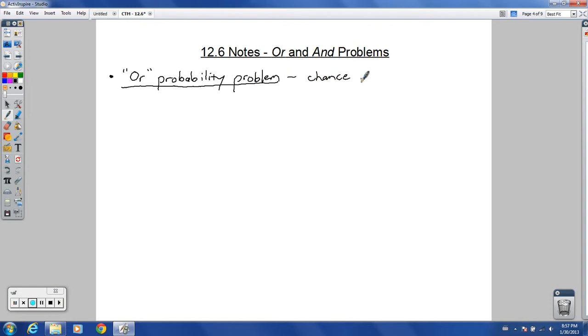So it's the chance of obtaining a successful outcome for at least one of the given events. That's the big word, the key phrase, at least one of the given events.